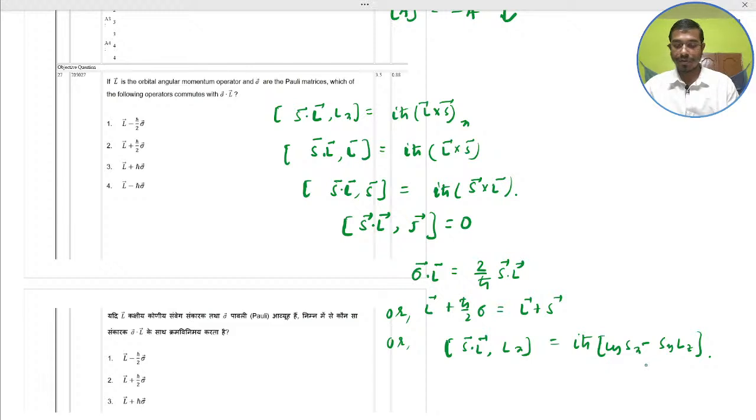So here the answer would be option 2, L plus ħ by 2 sigma, sigma dot L, L plus ħ by 2 sigma.